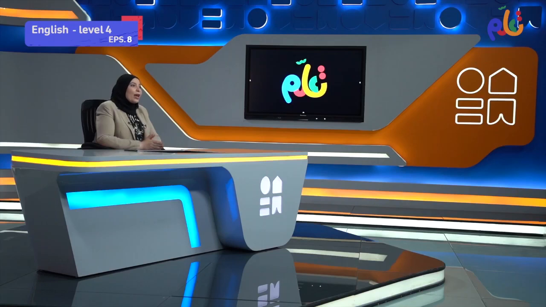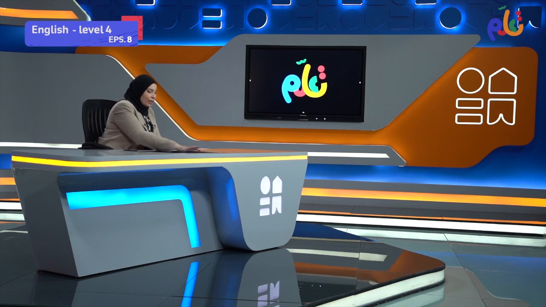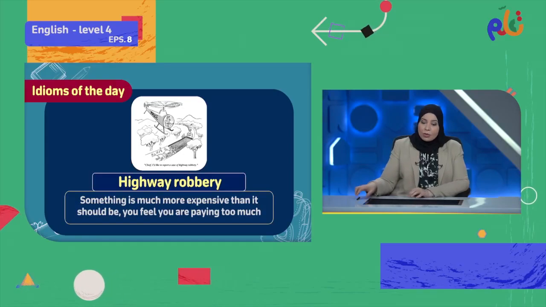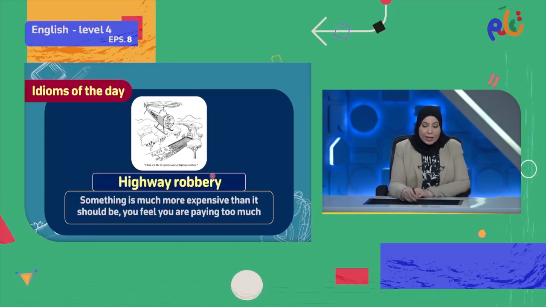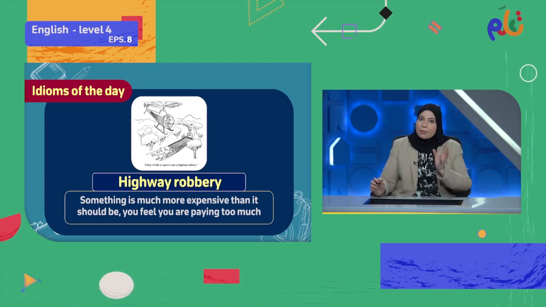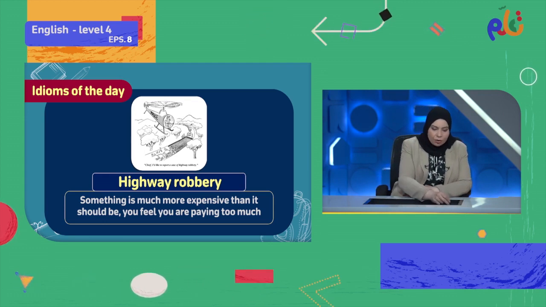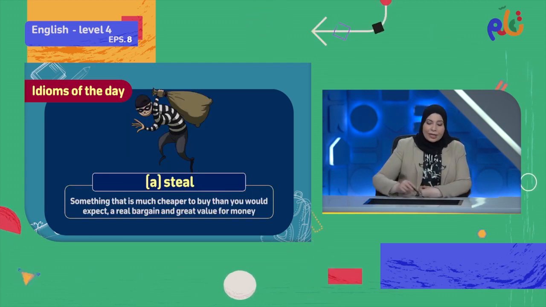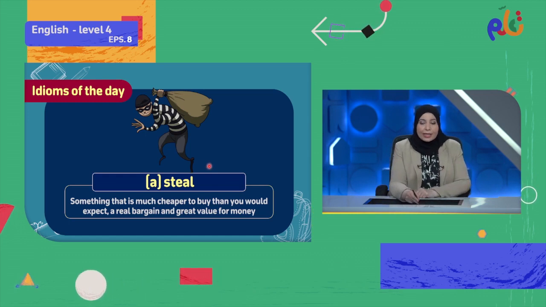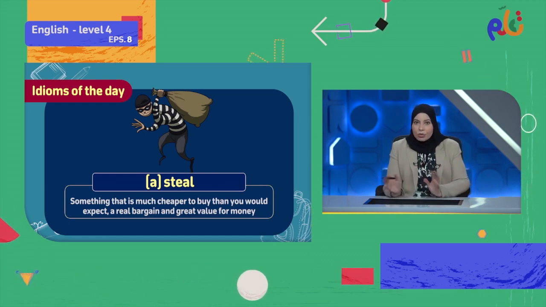By this, we have looked at our last idiom. So today we have looked at the first idiom, which is a highway robbery. And this idiom used the crime robbery, but it's not connected to it. It means something that is very expensive for no reason. And the second idiom used the crime steal, which is not connected to the meaning of steal.